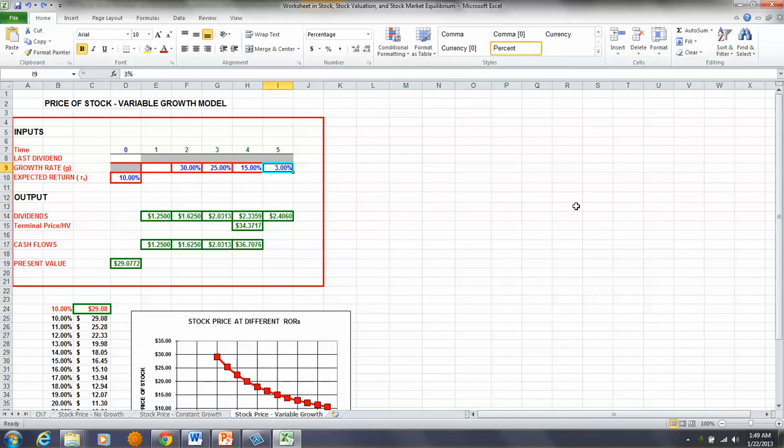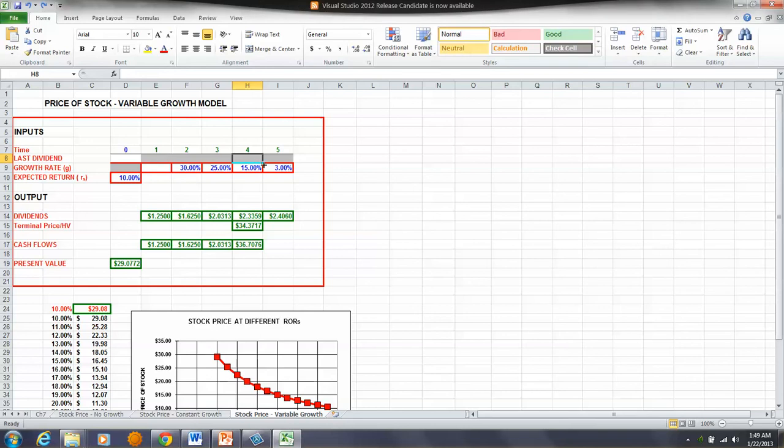What we can do here is find out when the dividend starts getting constant. So we found that the dividend starts getting constant after year 4. That means at the end of year 4 the dividend starts to be constant.